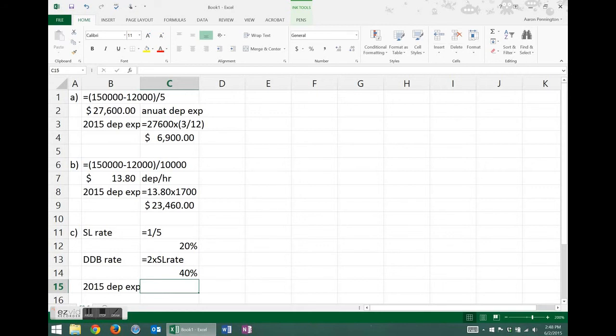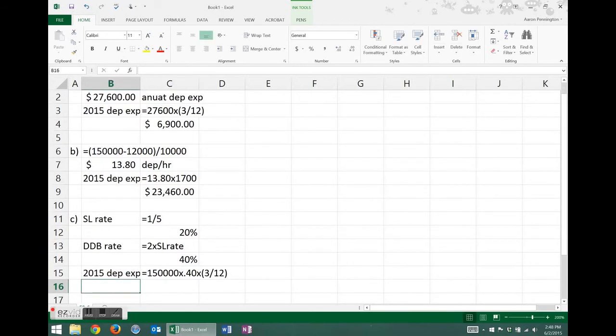We're going to start with the purchase price times 0.40 for 40%, and in 2015 the asset was placed in service on October 1st. So October, November, December, we've got 3 months.